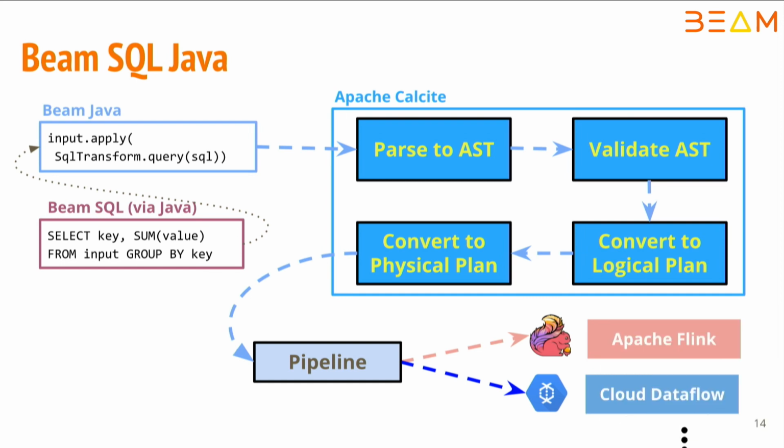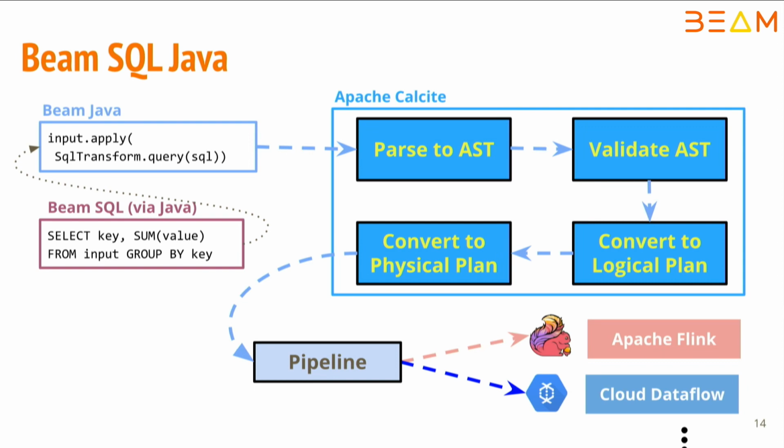So here's a block diagram of Beam SQL when you embed it into your Java pipeline. This is one of the two paths, not the one that we demoed, but the one that you may have seen in quite a few other talks. If you have a pipeline and you want to add a transform that is just a SQL query, you'll use the SqlTransform.query command.